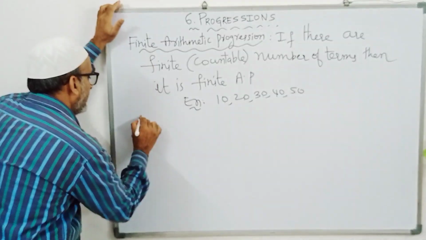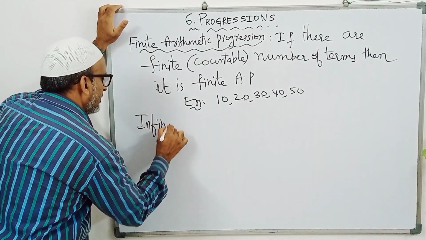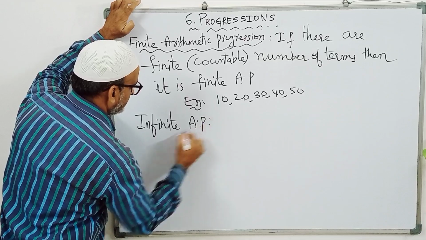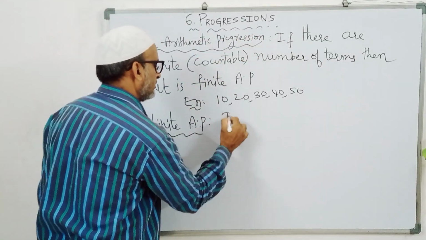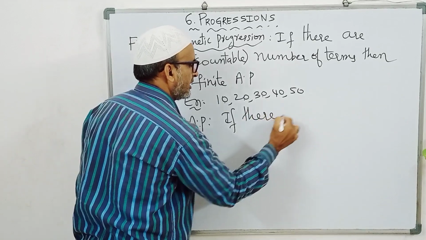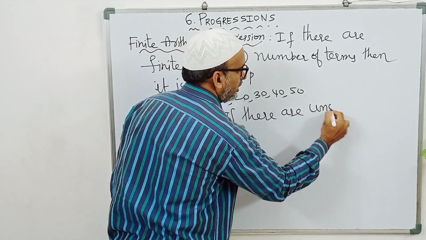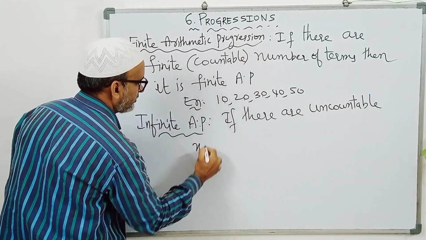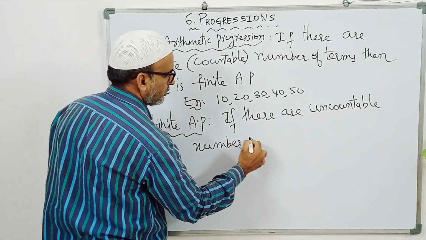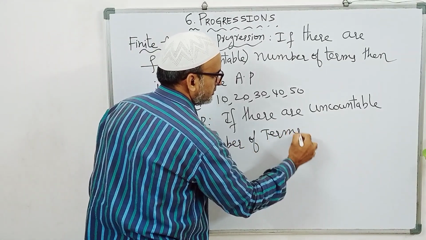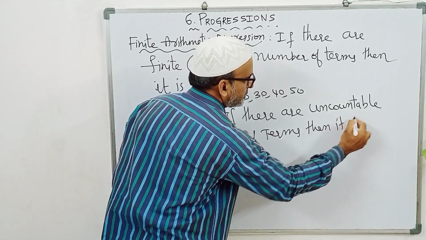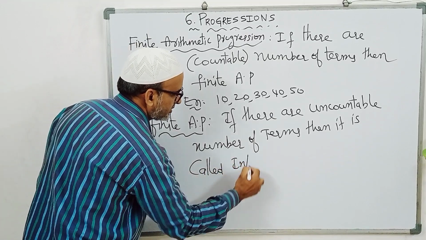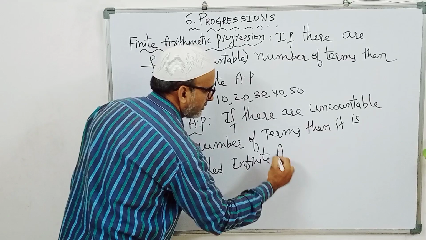Infinite AP, arithmetic progression. If there are uncountable number of terms, then it is called infinite arithmetic progression.